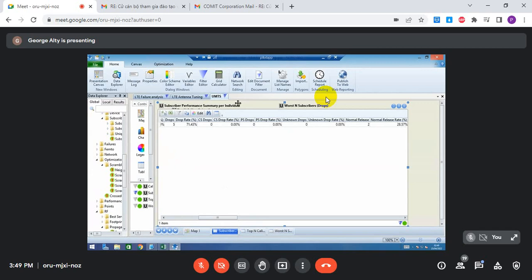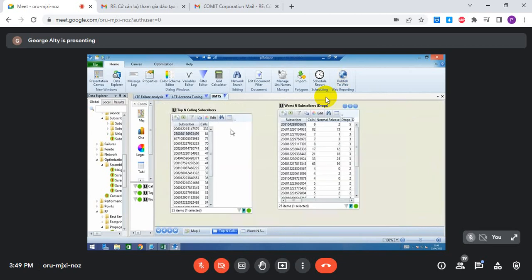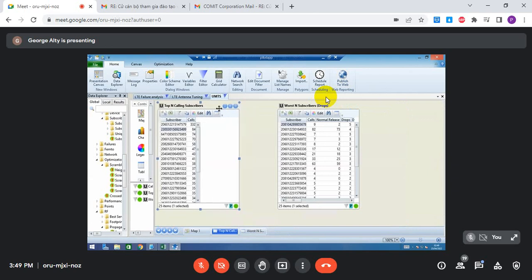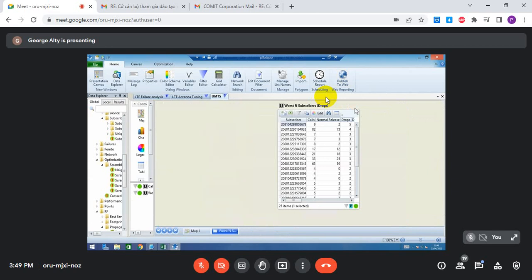Let's have a look here. What else can we do? Subscriber counts. Okay, there are other things we can do here. We can look back into the RF folder. Again, we can look at areas. Let me just close these down.